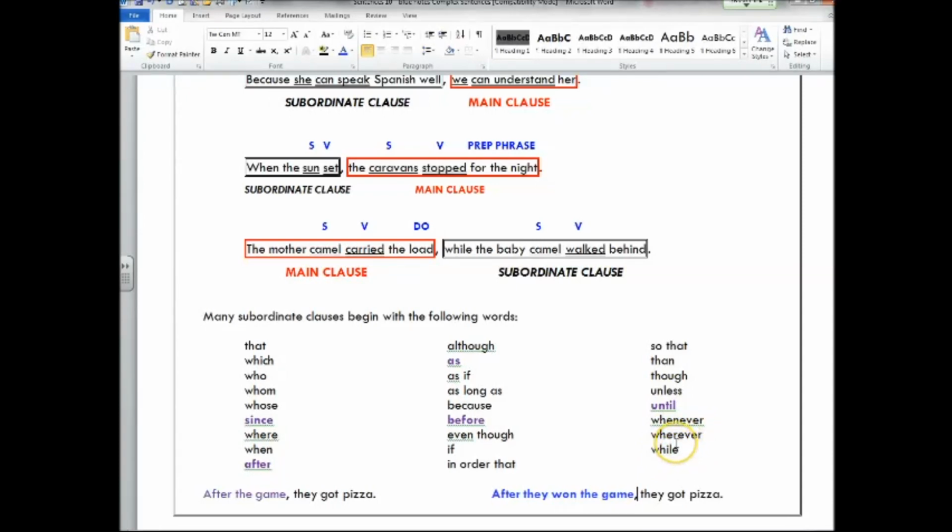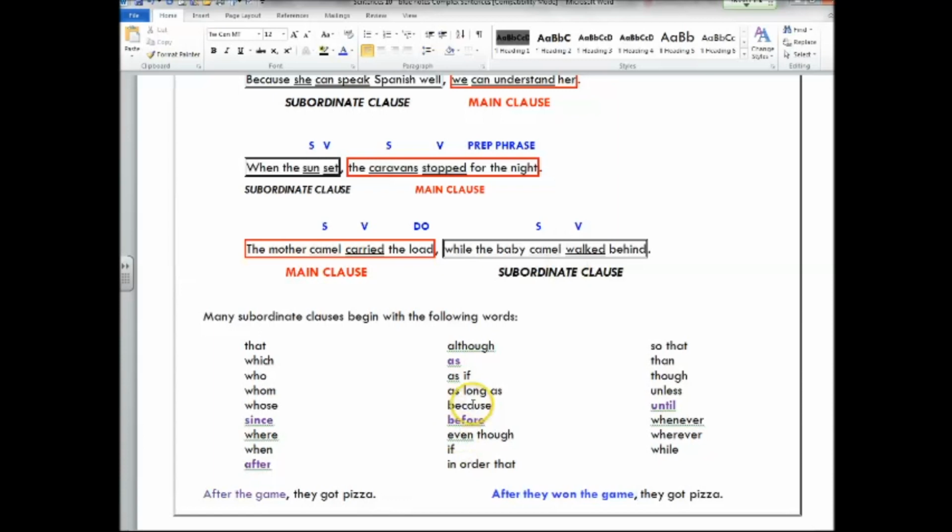The most commonly used ones are while, which, and that. Those are the ones we use the most. But you will see these others, and it's good to mix it up and use some of these others. In order that, provided that, so that, all of those are conjunctions beginning subordinate clauses.